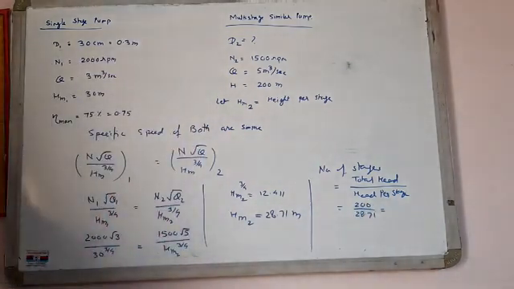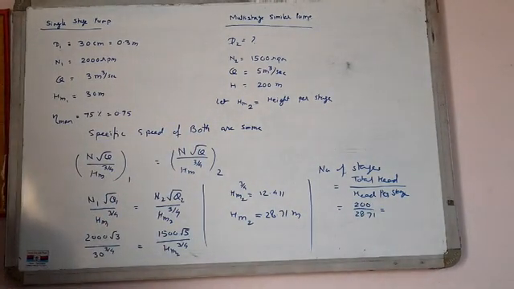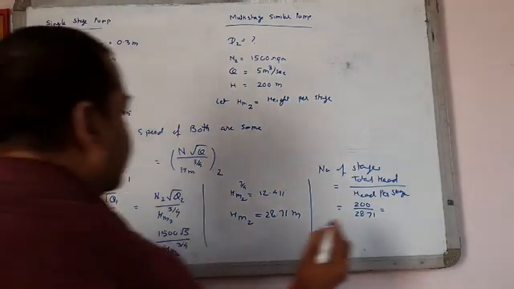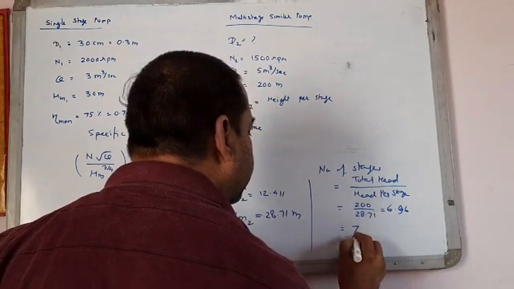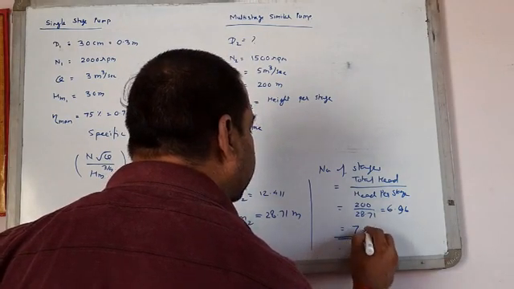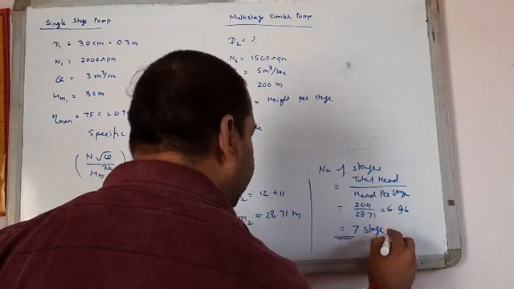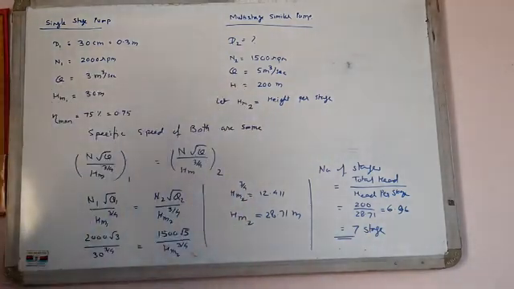So this comes 6.96, or that is 7. So this is a 7 stage pump.